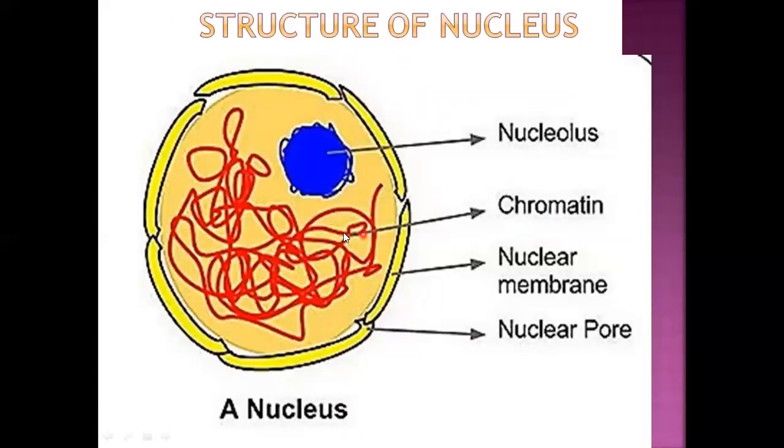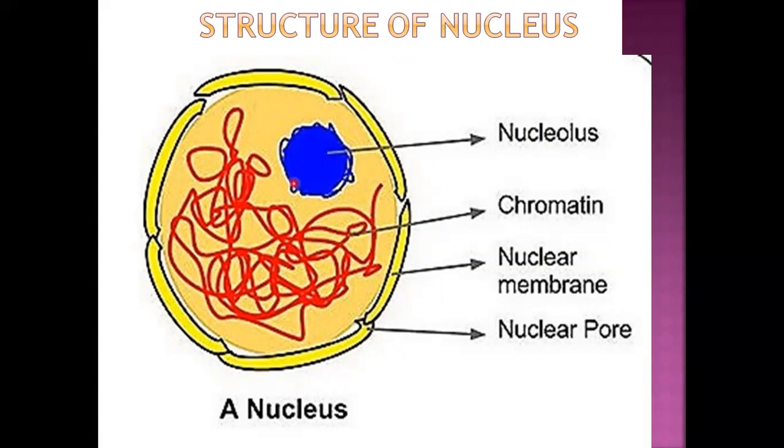Okay, and then you can see a small round spherical structure inside it. It is called a nucleolus. Don't confuse nucleus and nucleolus. This spherical structure is the nucleolus.